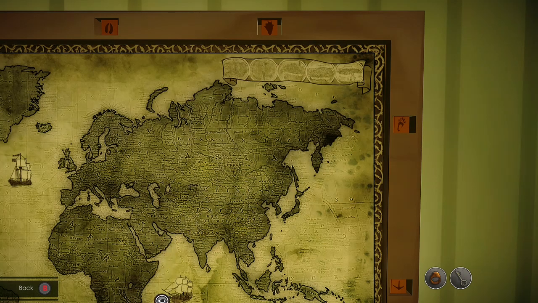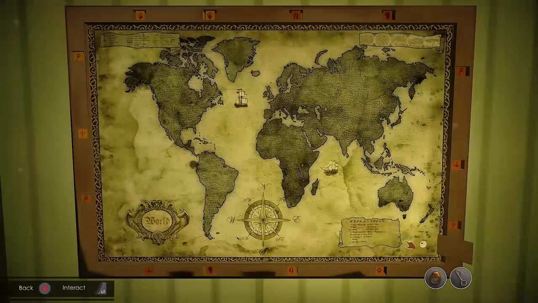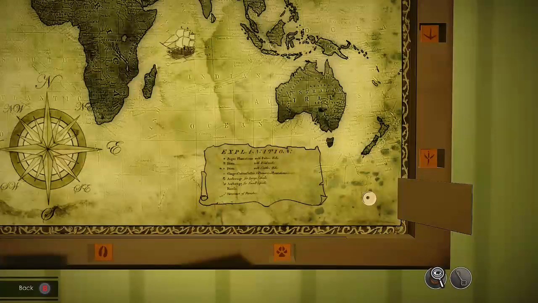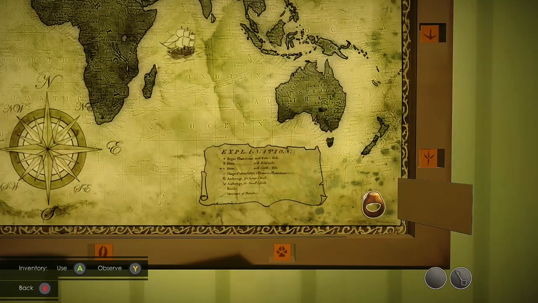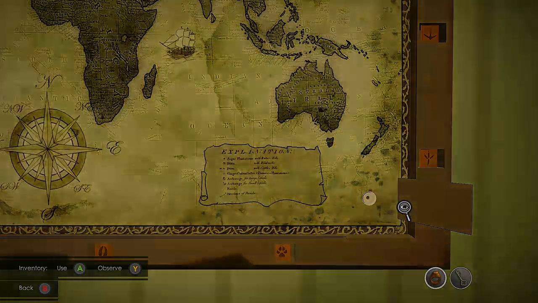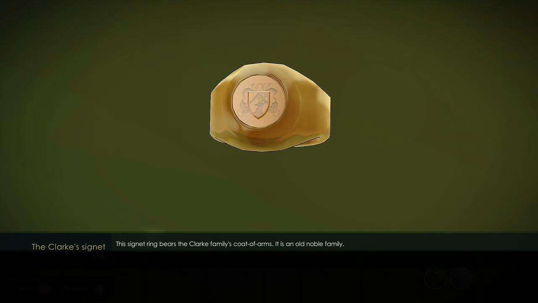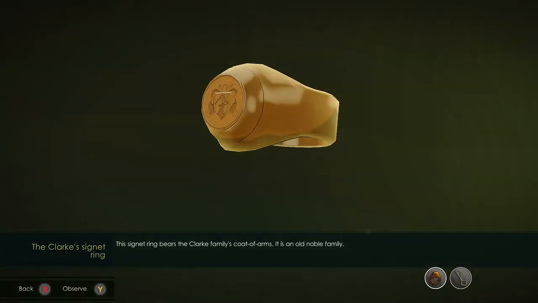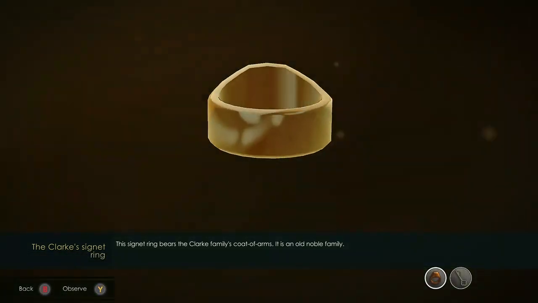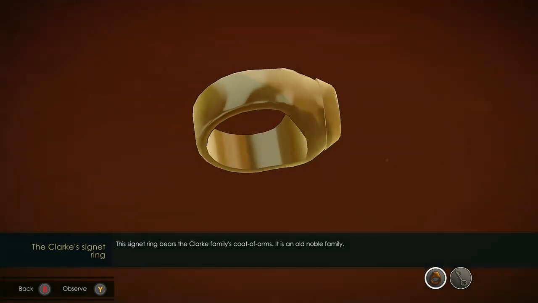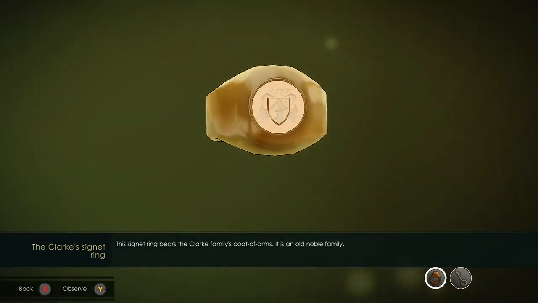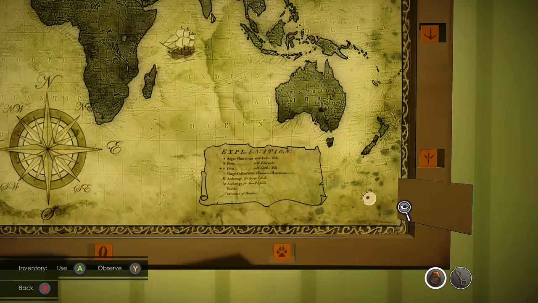Okay. A signet ring. Yes. So 1587, I think. Yeah, 1587. What am I doing here?